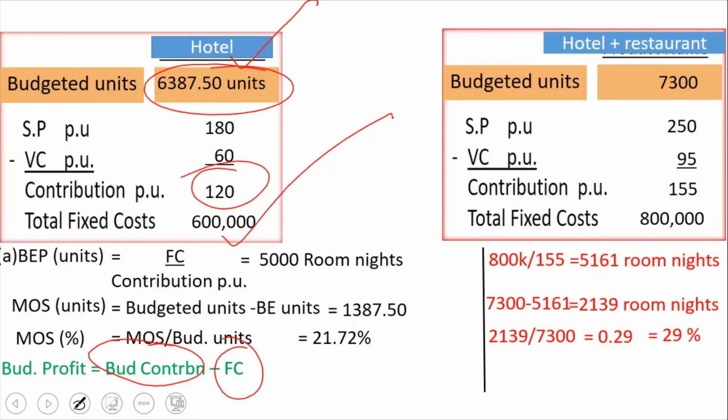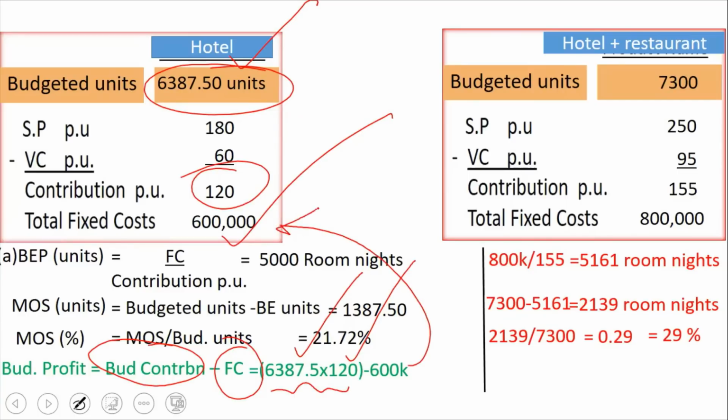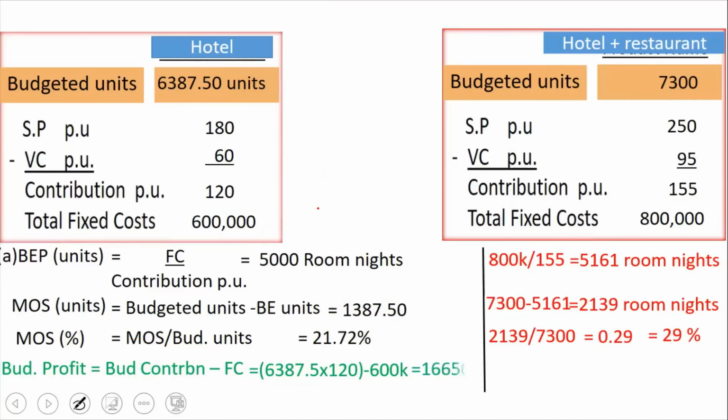So let's substitute the figures in the formula. It is 6,387.5, that's the budgeted units, multiplied by 120, that's the contribution per unit. So we get the total contribution here, minus the total fixed cost of 600,000.